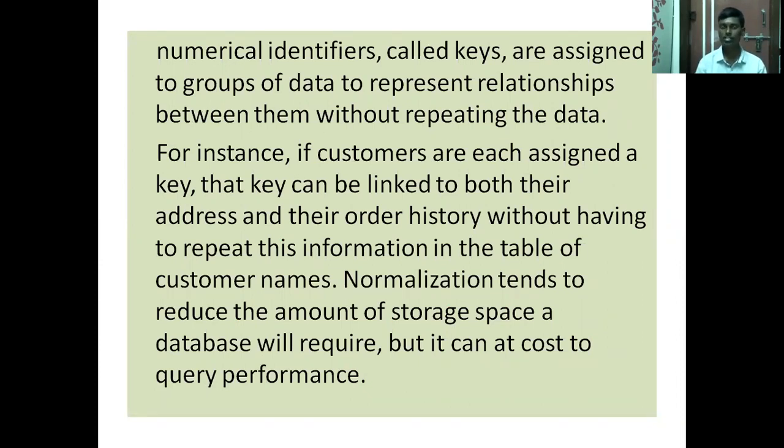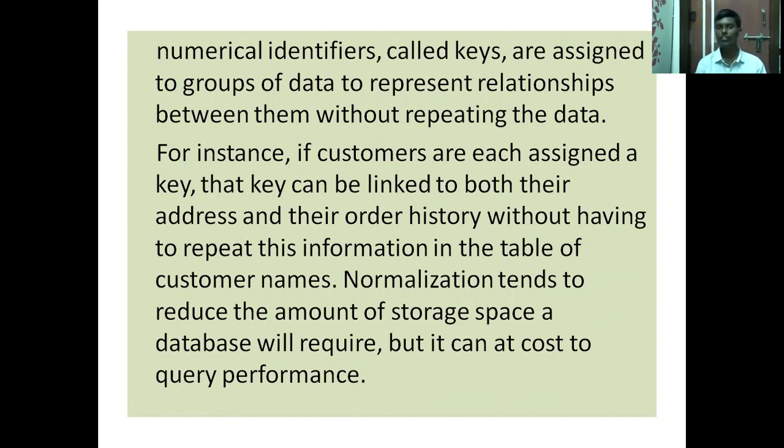For example, if customers are each assigned a key, the key can be linked to both their address and their order history without having to repeat this information in the table of customer names.